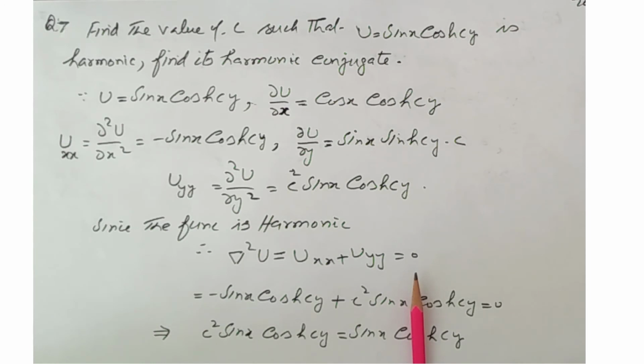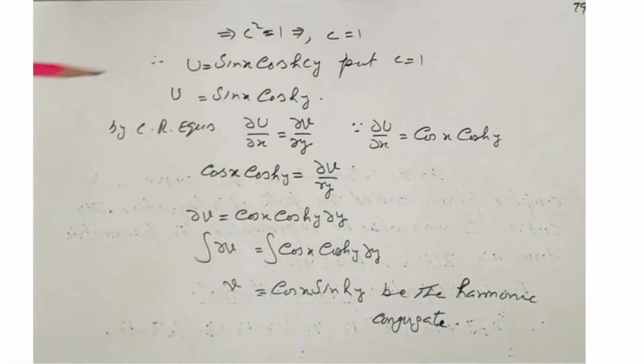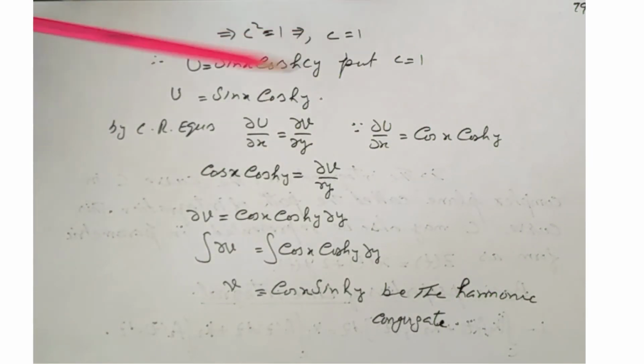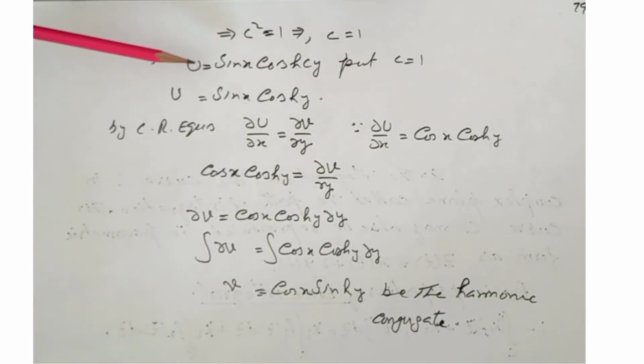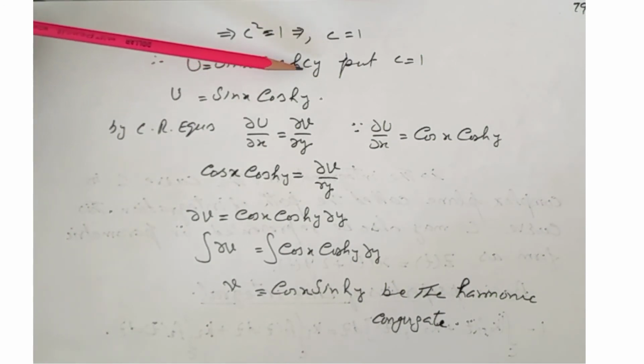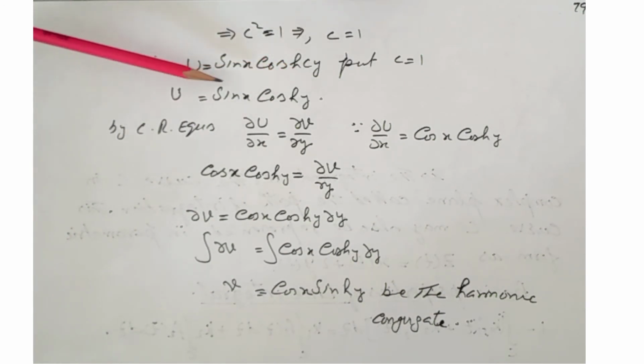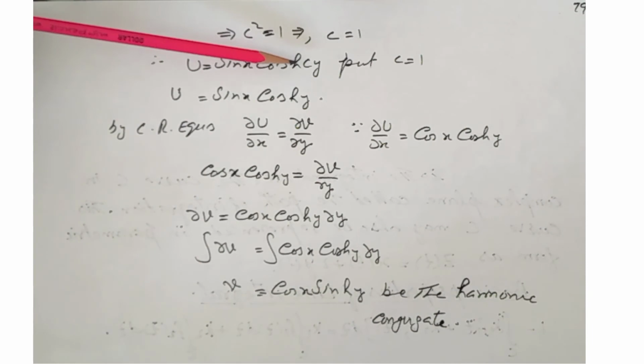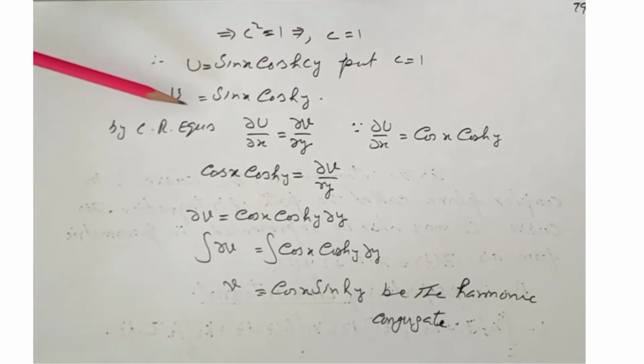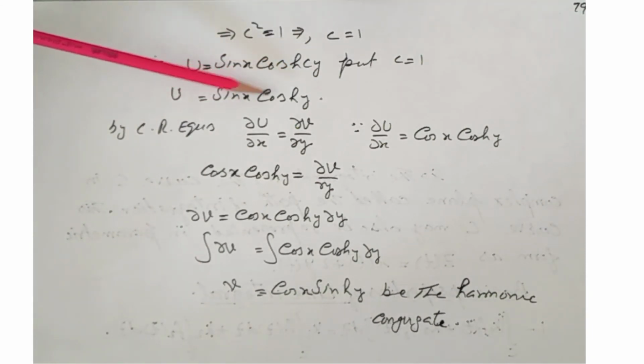Because it is given that the function is harmonic and it satisfies the Laplace equation. So we put 0 because the function is harmonic. Now we can write this equation in this form. After simplification, c square equal to 1 and c equal to 1. So we put c equal to 1 in u equal to sin x cos hyperbolic cy. We get u equal to sin x cos hyperbolic y.